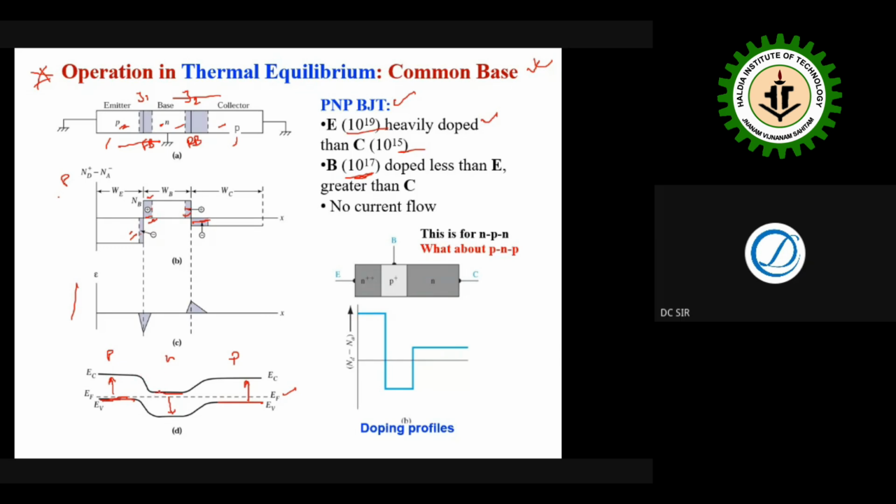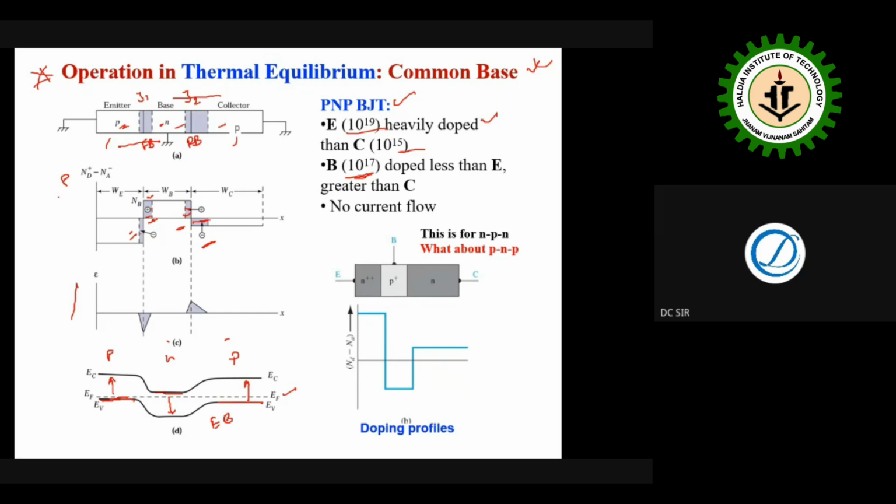As in a PN junction diode, the bending is from the P side to the N side. And this is flat because this depletion width is larger than this. This way we can draw the energy band diagram.